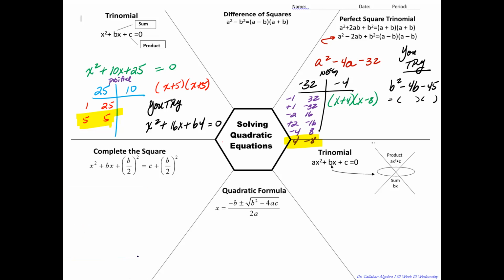All right, next thing I'm going to do is we're going to take a look over here. Trinomials, but we're going to be solving, okay? So let's say, for example, let's have 2x squared minus, actually, I'm going to have to take a moment and see if I can find one that works perfectly.